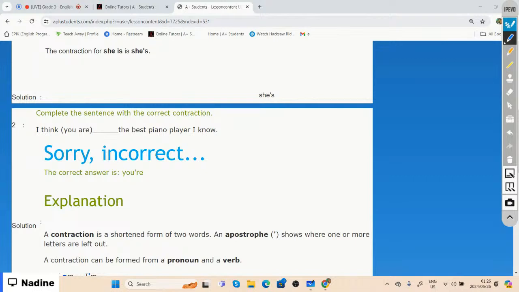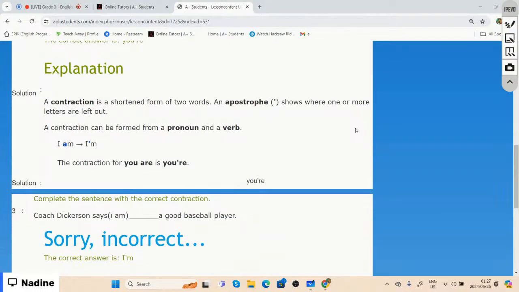We need to write the correct contraction. You are. Yes, well done. Right? So well done. You're is correct because now it says, I think you're the best piano player I know. So you don't have to say you are. So well done.